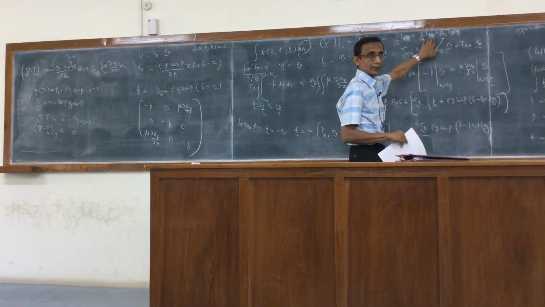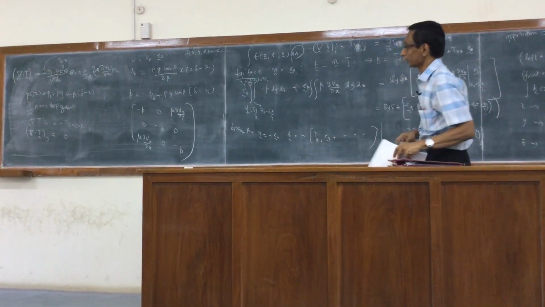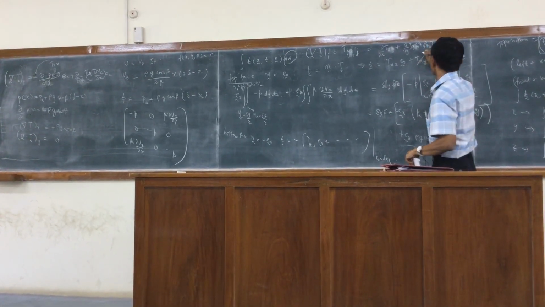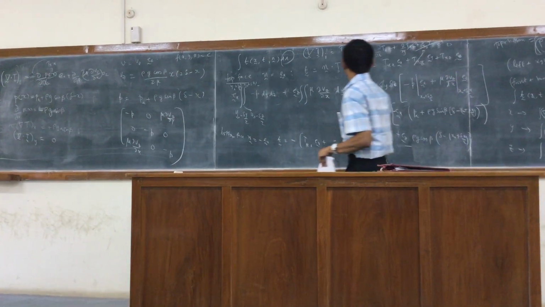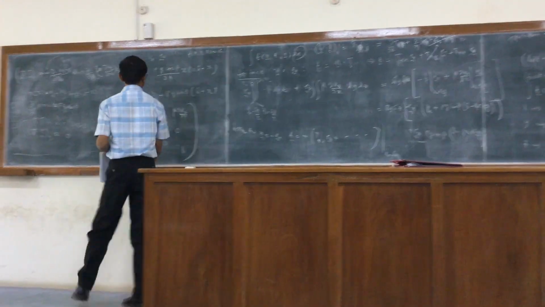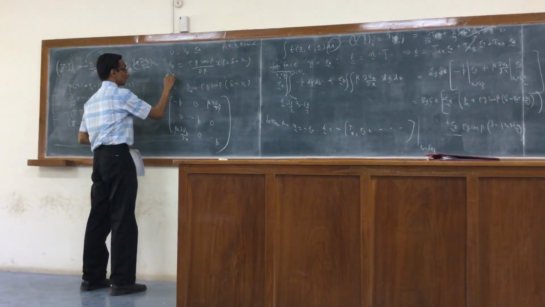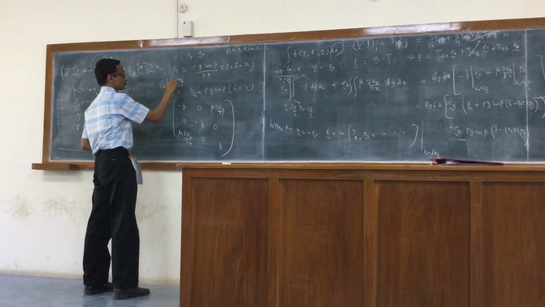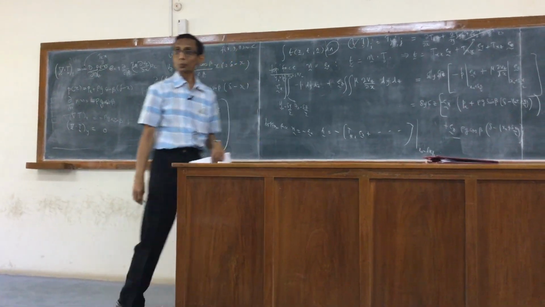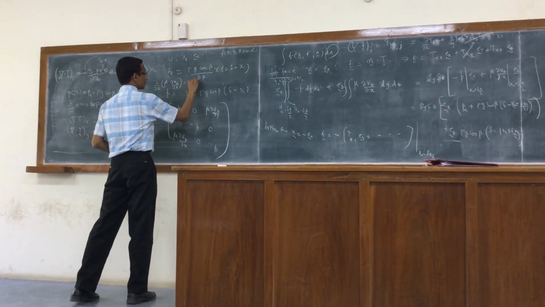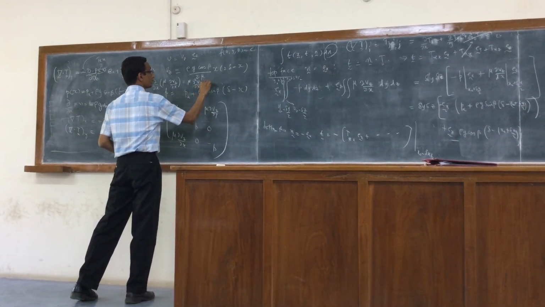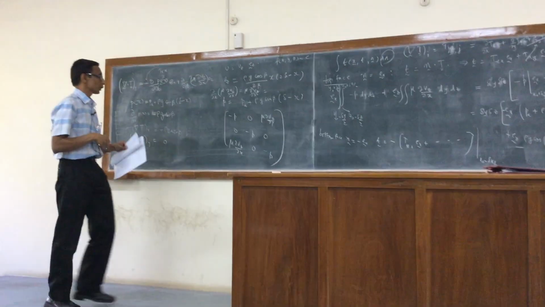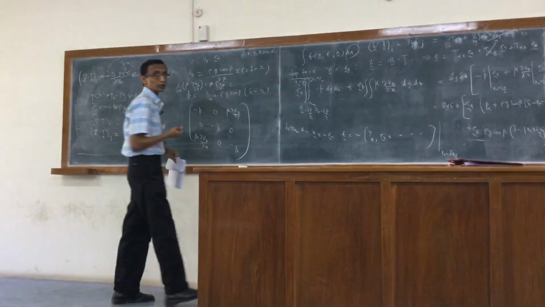But first let me eliminate the others. dyz is 0. dzz is not 0, but it's very easy. d by dx of that component is simply mu times d squared z by dx squared, which would be very easily shown to be, right, what would that be?